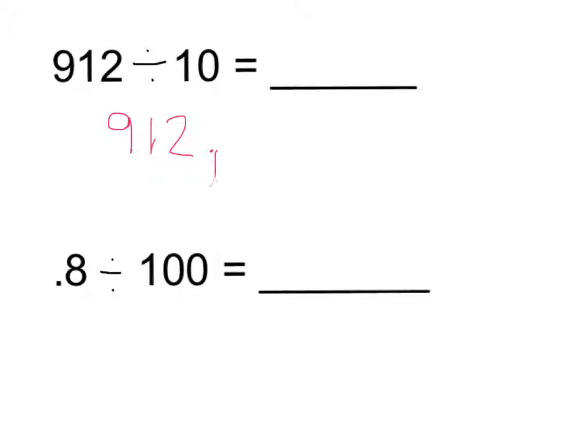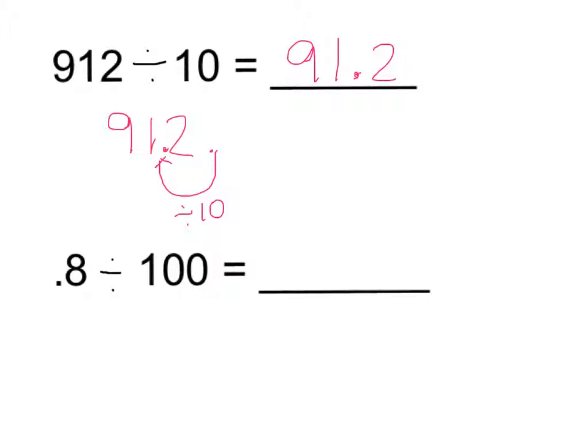That means I need to bring my decimal place over to the left 1 place and land it right there. And that's dividing my answer by 10. So 912 divided by 10 is 91 2/10, or 91.2.